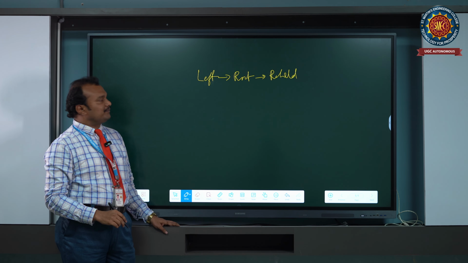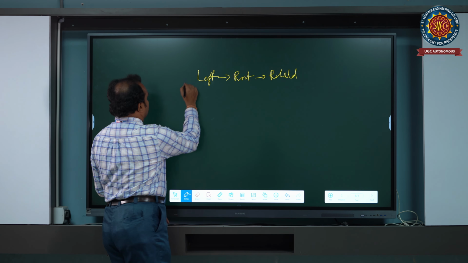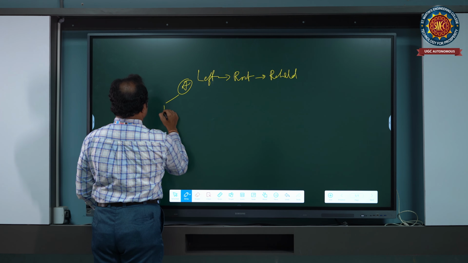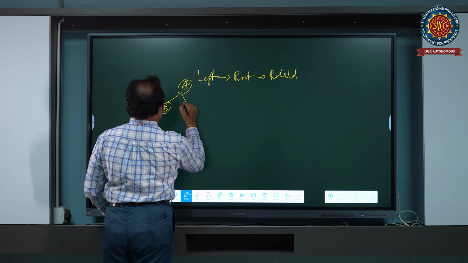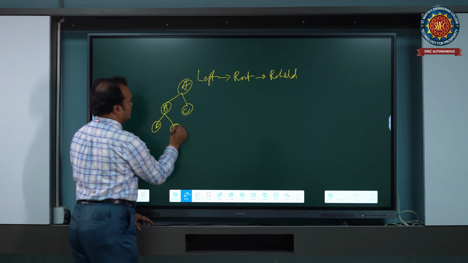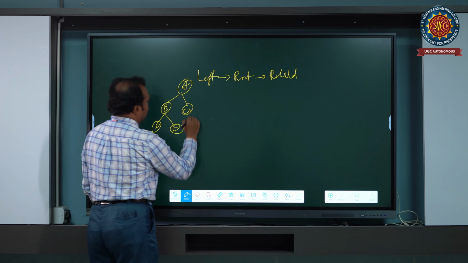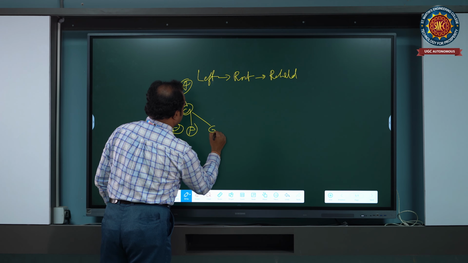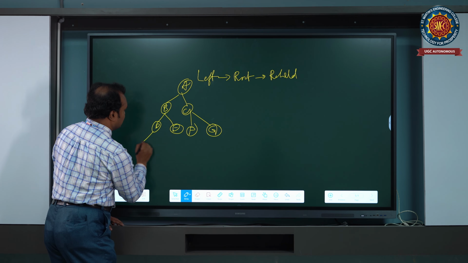If we take a tree with 8 nodes, A, B, C, then B consists of 2 children, D, E, then F, G, and D consists of H.